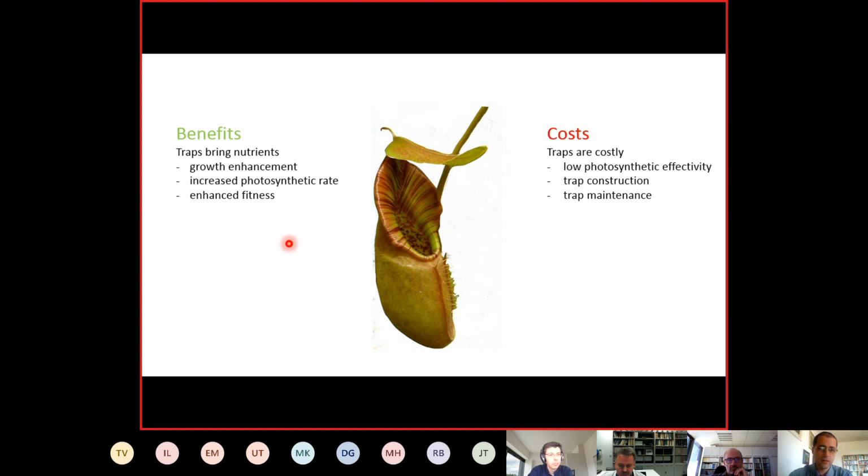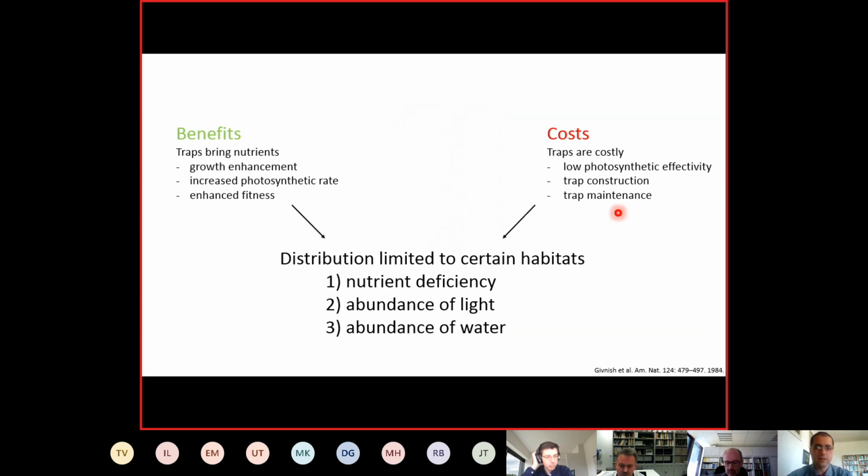On the other hand, the traps are not optimized to photosynthesize effectively, and their construction and maintenance are quite costly as well. For these reasons, carnivorous plants are limited to certain habitats where nutrients are deficient, but there is abundance of light and water.